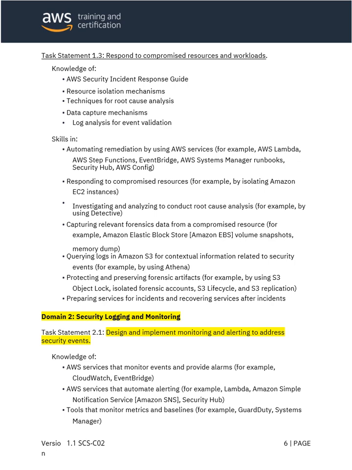Candidates should know about Lambda, EventBridge, Step Functions, Systems Manager, AWS Security Hub, AWS Config, and how you will use Detective and GuardDuty. They should know how volume snapshots help with forensic analysis of compromised resources.